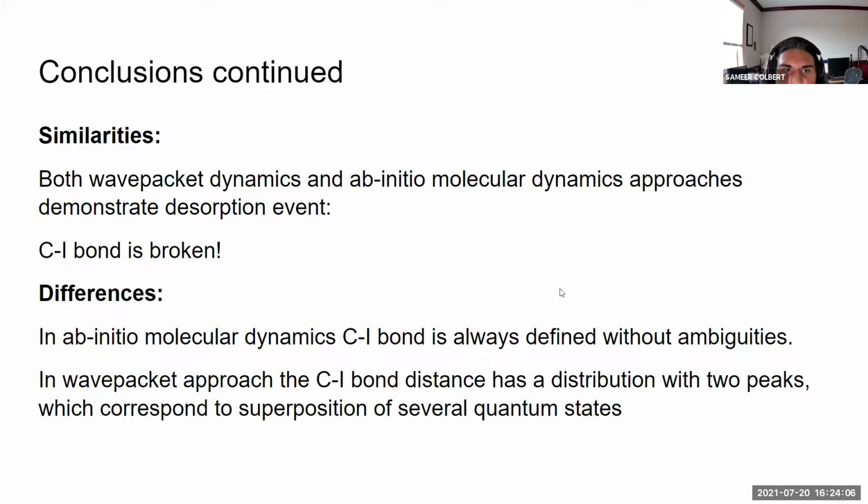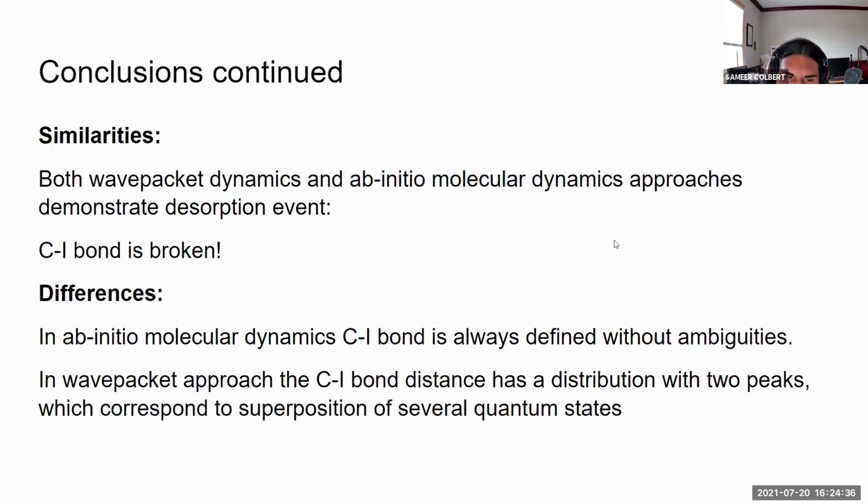Then we noticed some similarities. Both the wave packet dynamics and the Ab-initio molecular dynamics approaches demonstrate the dissociation event where the carbon iodine bond is broken. That was something we looked to include, how this bond was broken when we excited it.